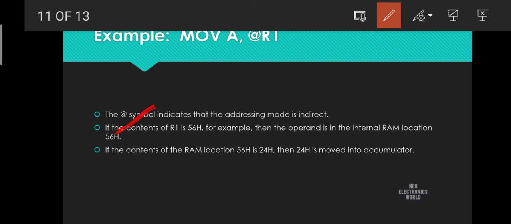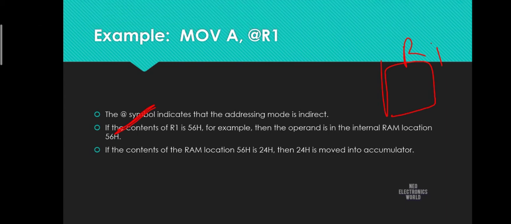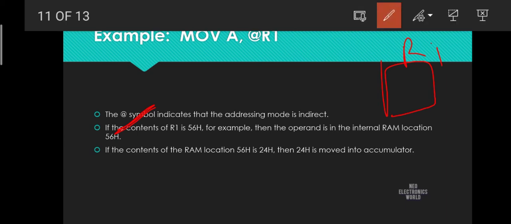If the contents of R1 is 56H, for example, then the operand is in the internal RAM location 56H.